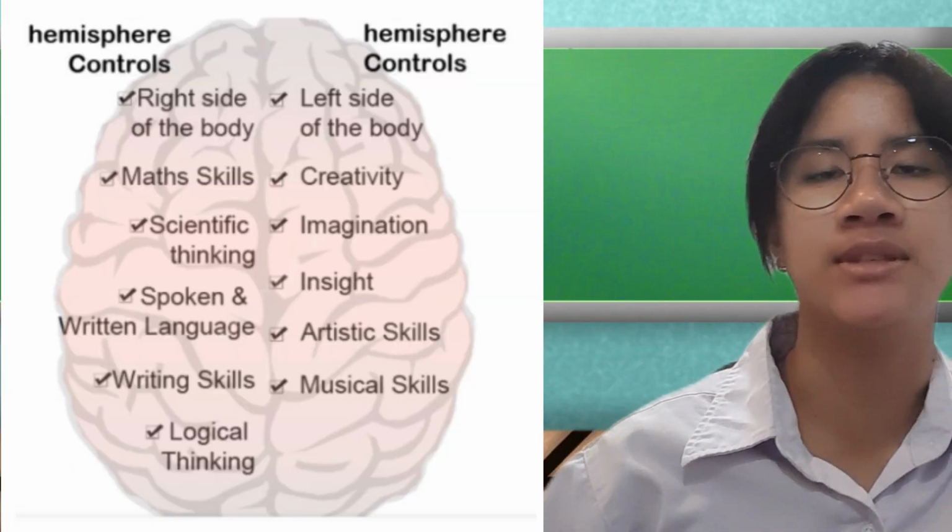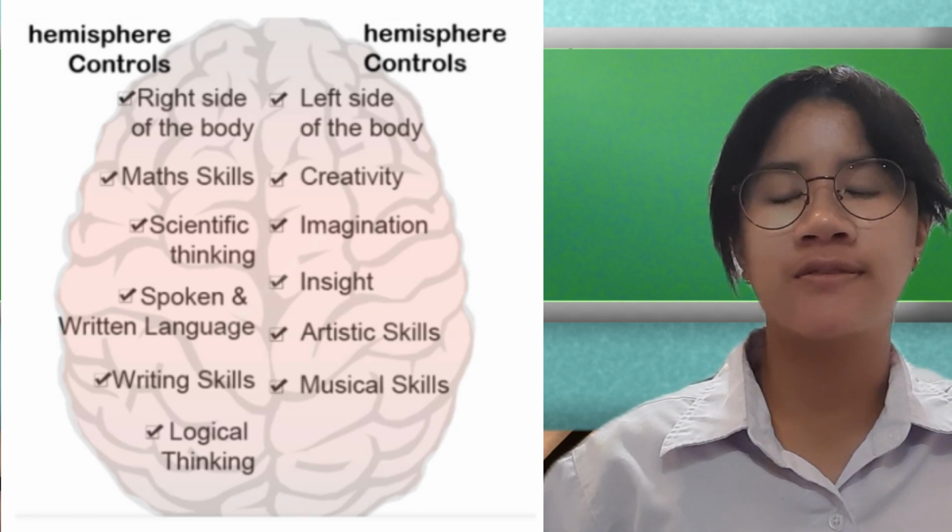So what is the function of the cerebrum? Well, first it controls your movement, then it controls your body's voluntary actions, and lastly it deals with consciousness, ideas, and feelings. So anything that deals with those three will have to rely on the cerebrum. The cerebrum is also divided into two parts, the left hemisphere and the right hemisphere.